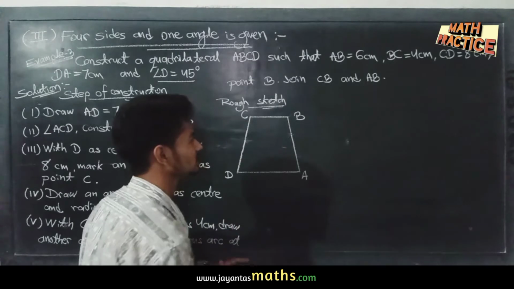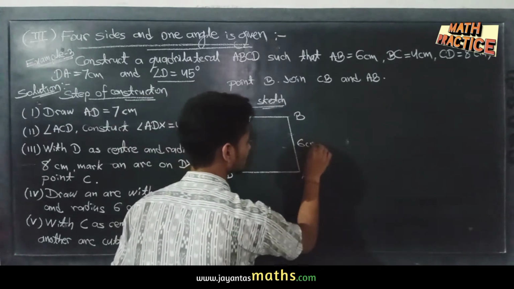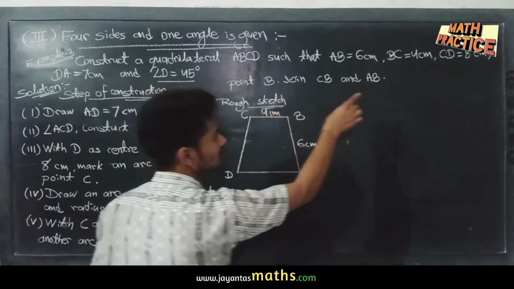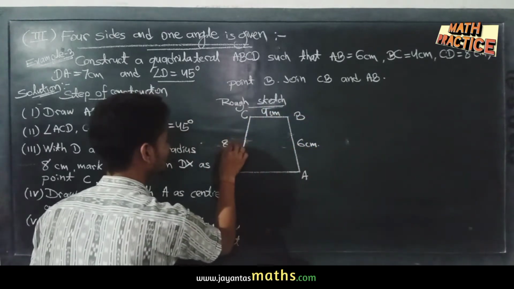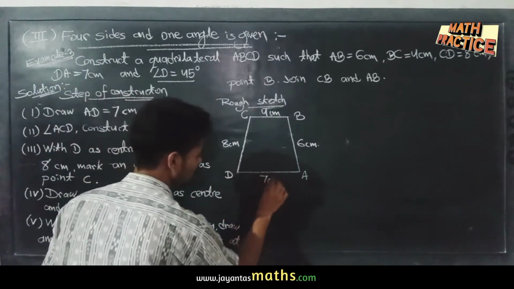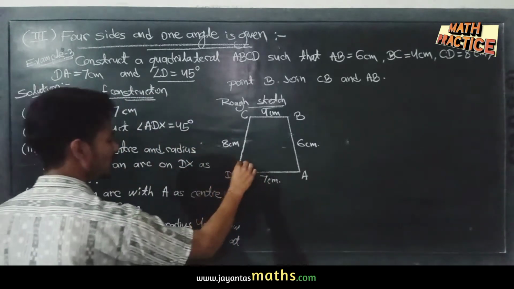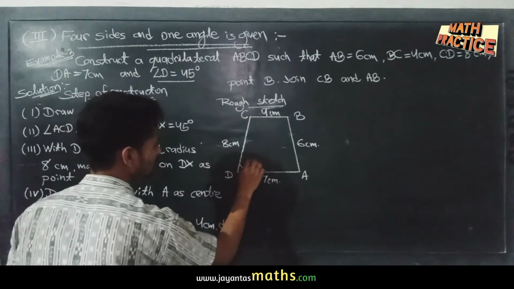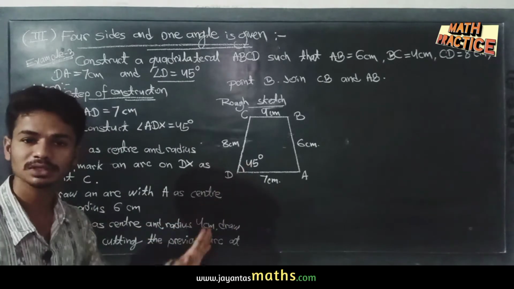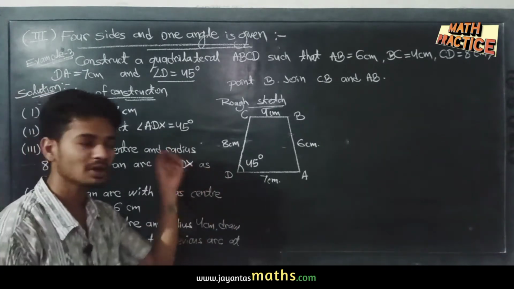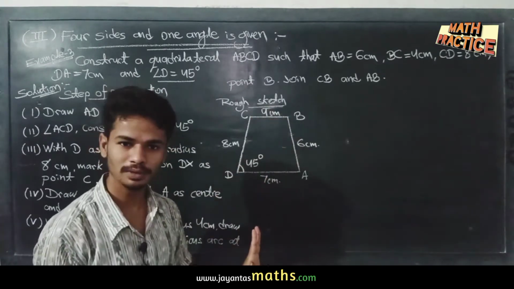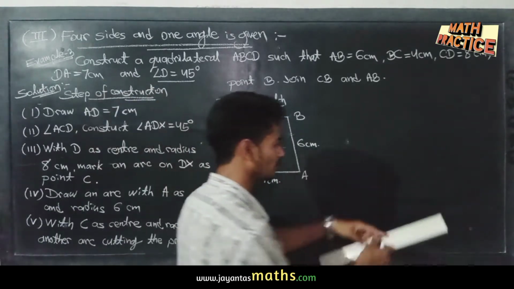Now BC is equal to 4 cm, CD is equal to 8 cm and DA is equal to 7 cm. And angle D is equal to 45 degrees. Here I write all the things in the rough sketch, but in the original sketch we do not need to write all these things. So here I draw the original sketch.